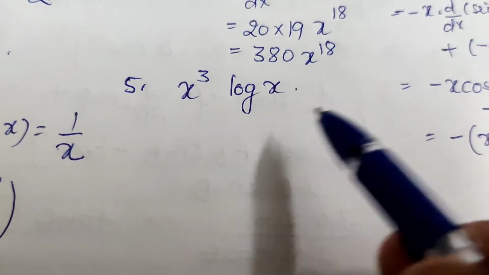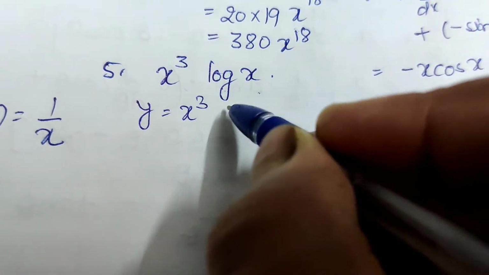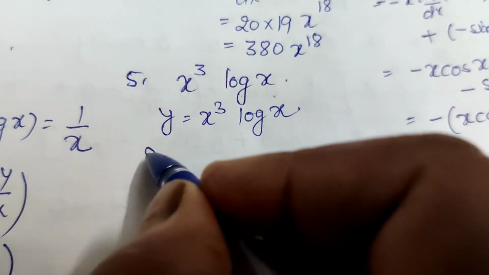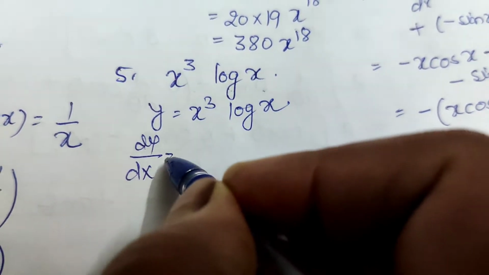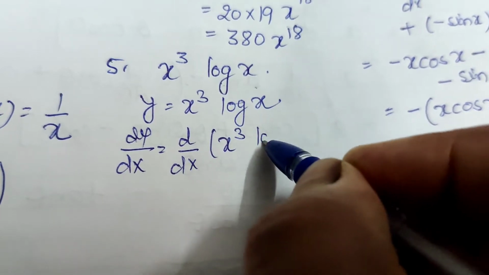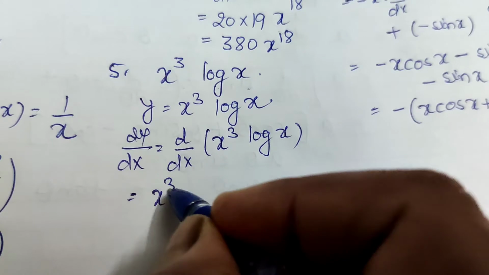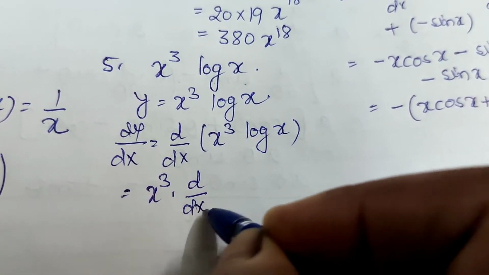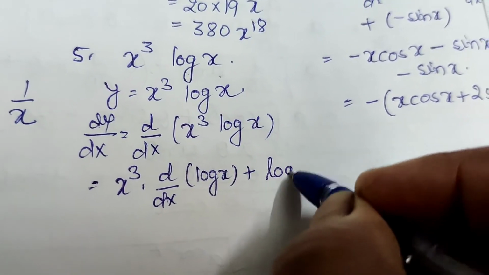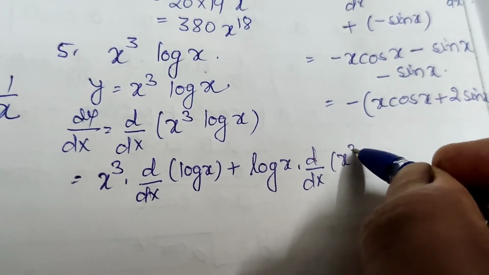The question number 5 is x cube log x. Take y equal to x cube log x. Now differentiation: d over dx of x cube log x. By the product rule, x cube times d over dx of log x plus log x times d over dx of x cube.